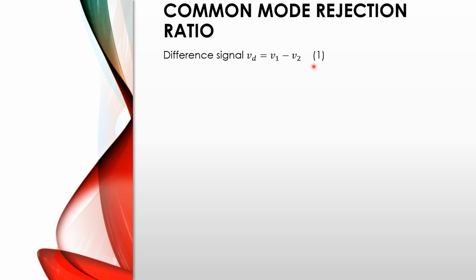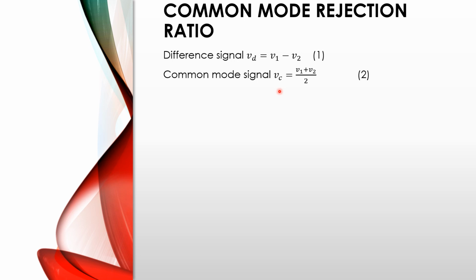And also the average of the signals applied to the non-inverting terminal and the inverting terminal is measured by Vc. Average voltage, how can we represent this? That is V1 plus V2 divided by 2.